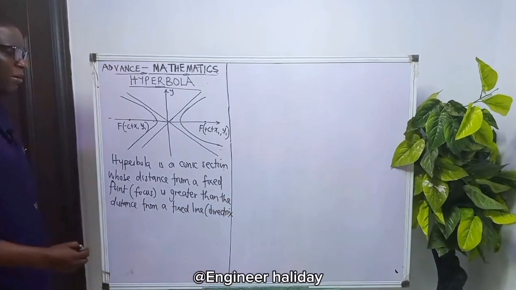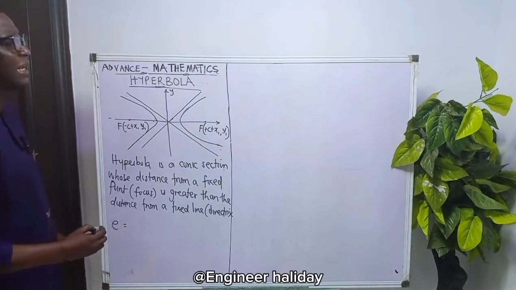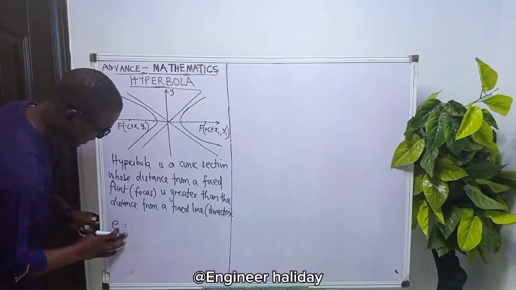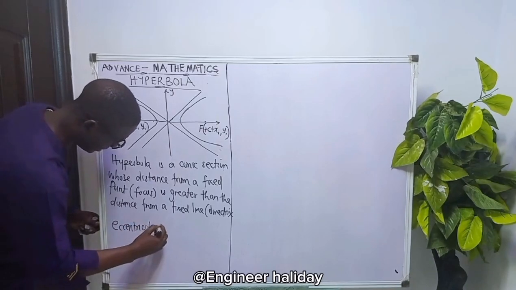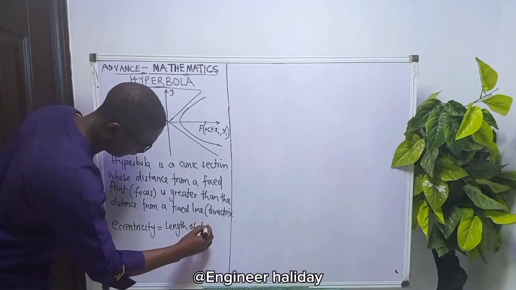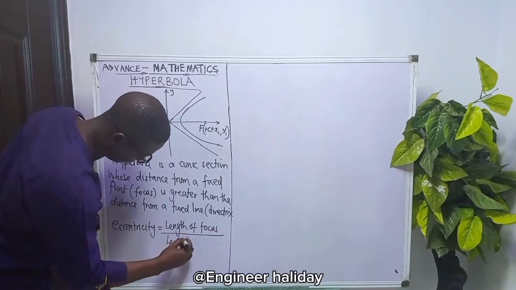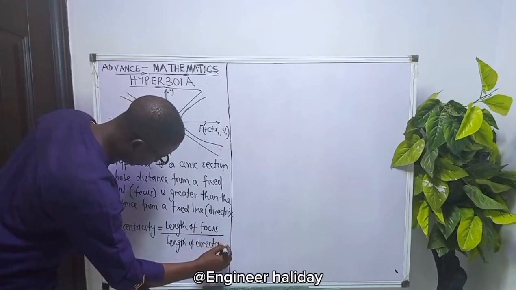Now, I remember I told you under ellipse that the eccentricity is the length of focus over the length of directrix.